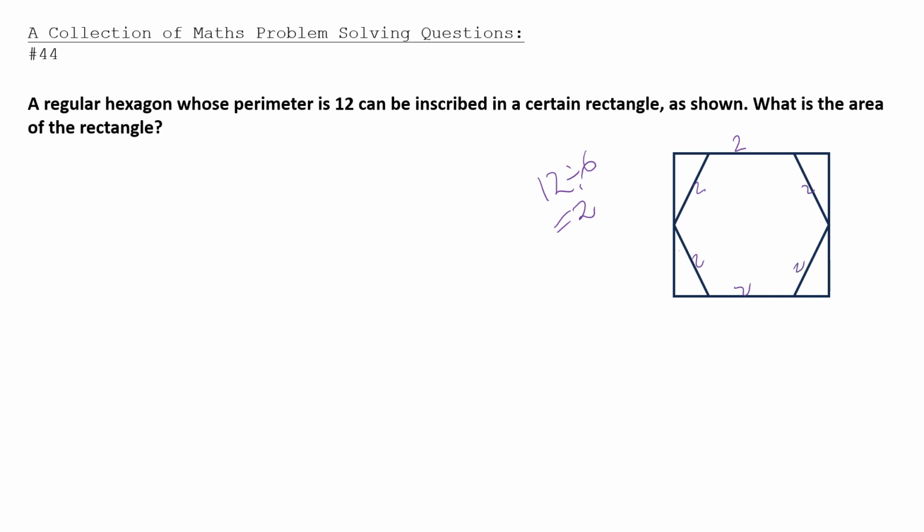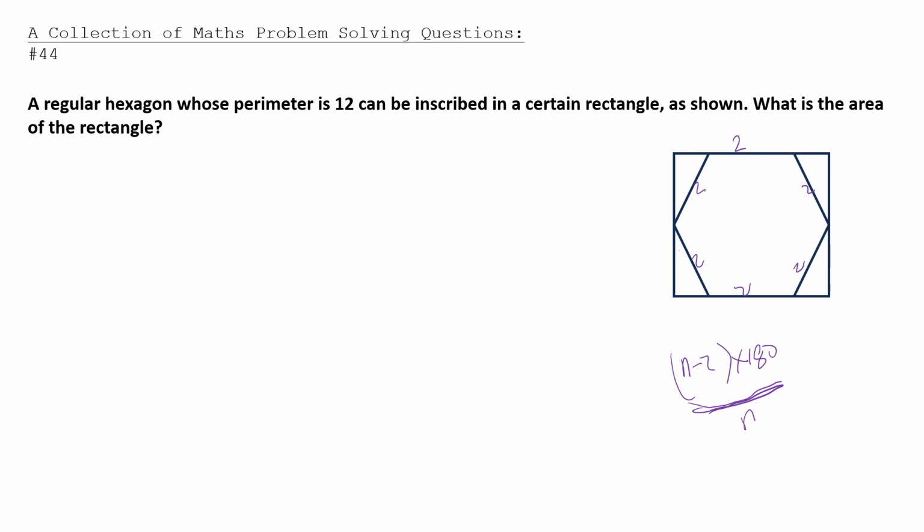And then each interior angle of a regular hexagon is equal to (n minus 2) times 180, the entire thing divided by n.